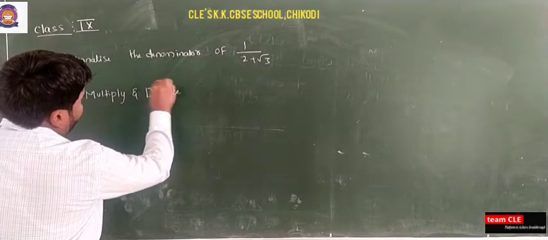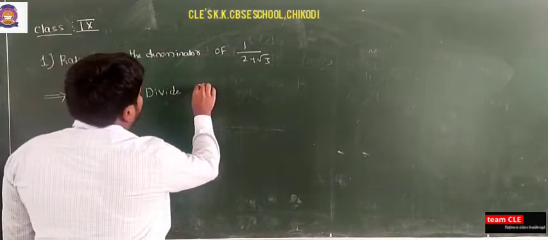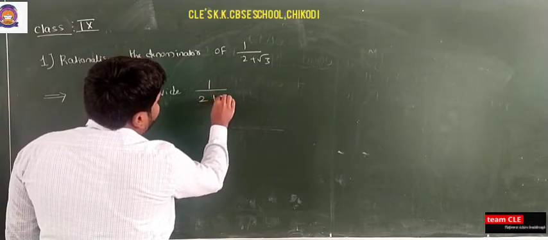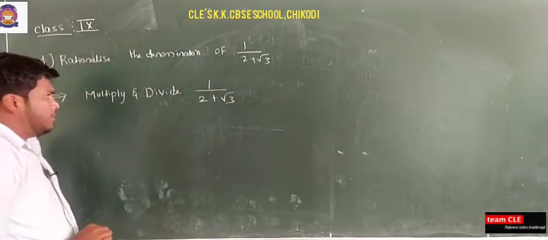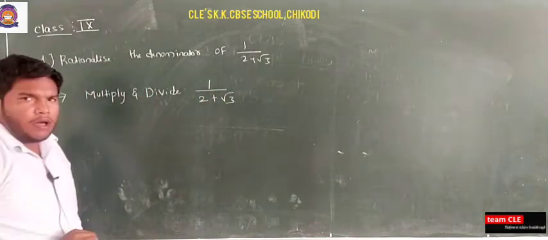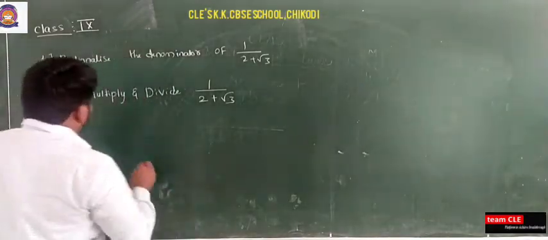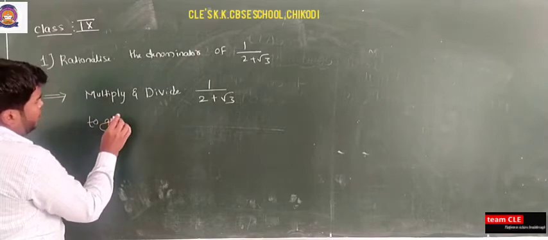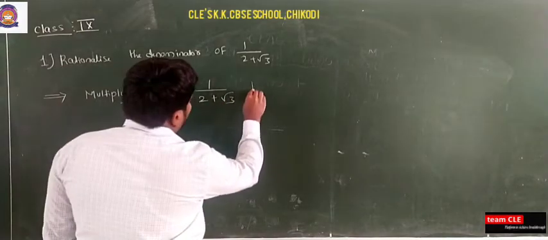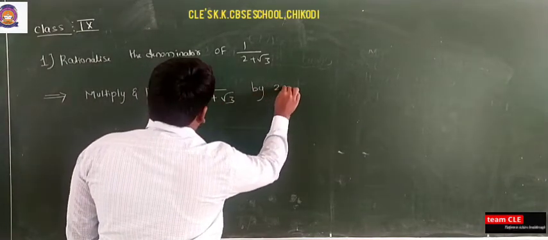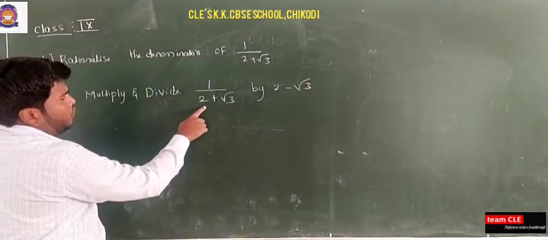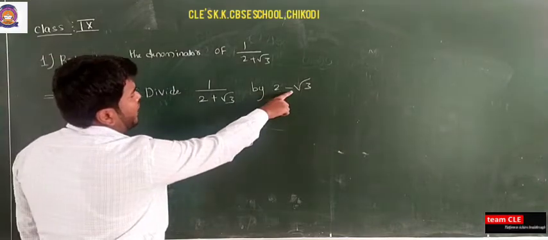Multiply and divide 1 by 2 plus root 3 by 2 minus root 3.